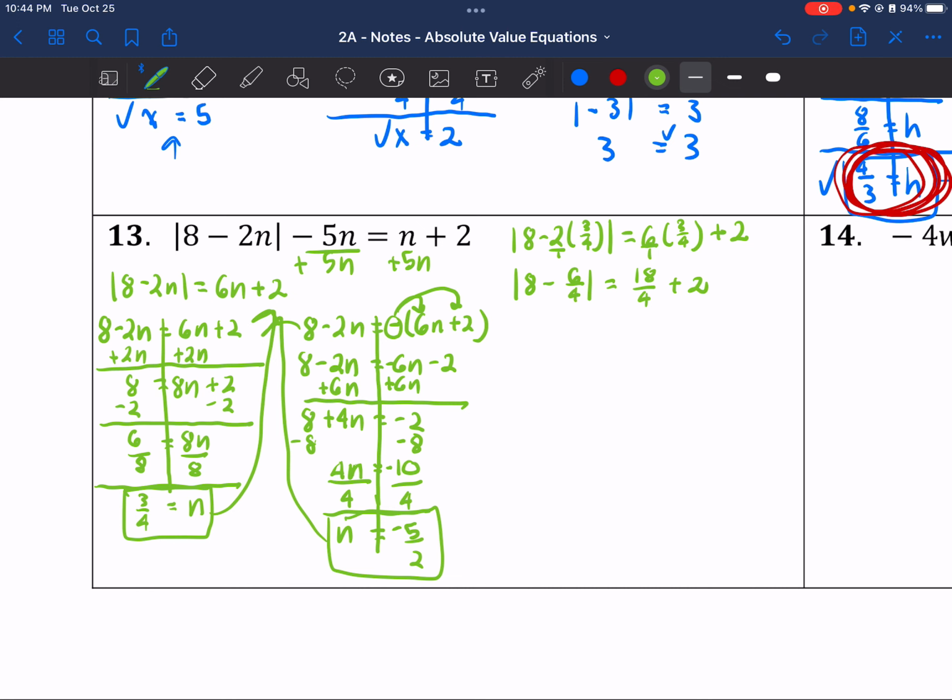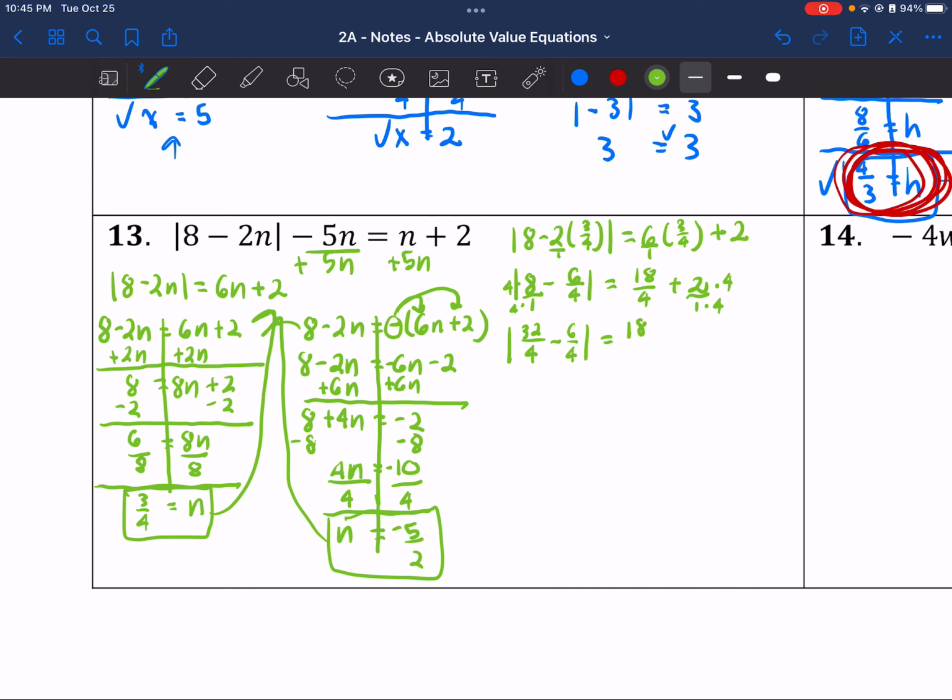Now we want to add. We're going to put this over 1. Well, the common factor between 1 and 4 is 4, so we're going to multiply both the top and the bottom by 4 to get the common denominator. And I get 8 times 4 is going to be 32 over 4 minus 6 over 4 is equal to, same thing here, we want to put this over 1 to make it into a fraction. And to get the common denominator, we're going to multiply both the top and the bottom by 4.